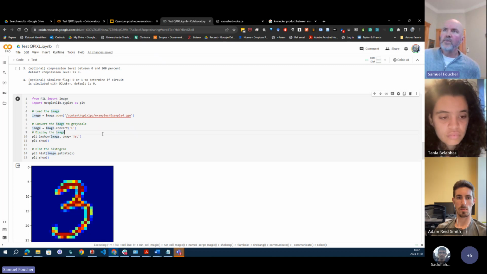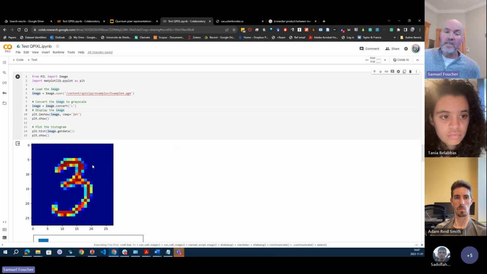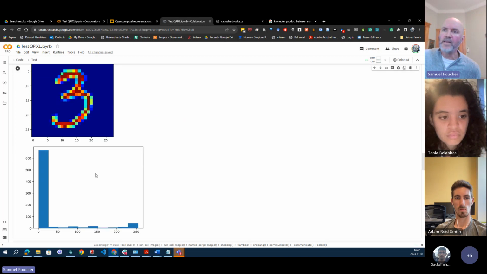So this is an example of one of the images shown in the slides, a kind of MNIST digit. This is a 32 by 32 grayscale image. You see the histogram, the distribution of the values, is very convenient: it's a lot of zeros, because you have a black background.